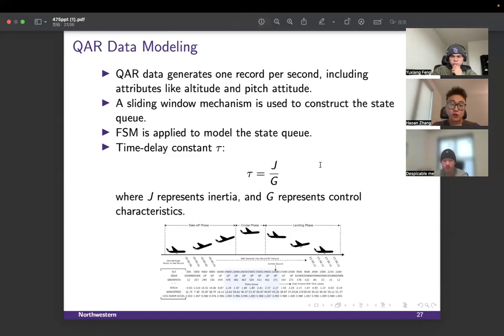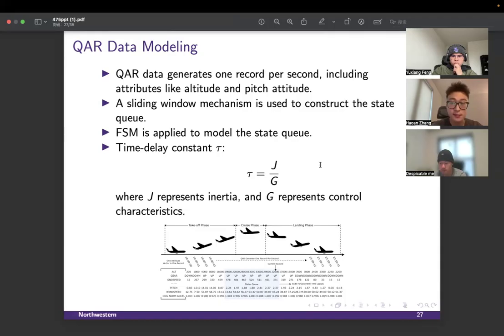And this slide focuses on the QAR data modeling. The QAR data records flight states every second, including parameters such as altitude and pitch attitude. To construct a real-time state queue, we used a sliding window mechanism to capture the dynamic changes over a specific time frame. We also introduced the time delay constant tau, which reflects the aircraft's inertia and the control characteristics.